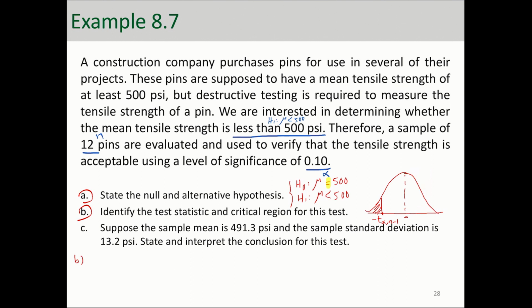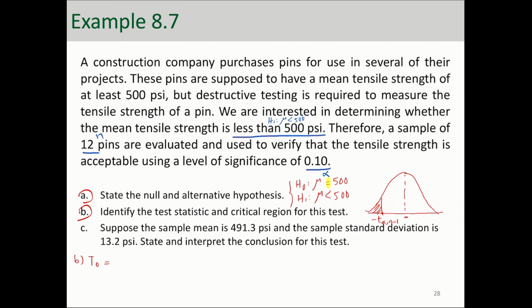So part B, the test-stat is t-score. And the indication that we're using this t-test is that the standard deviation of the population is not given, it's unknown, and also the n is less than 30.